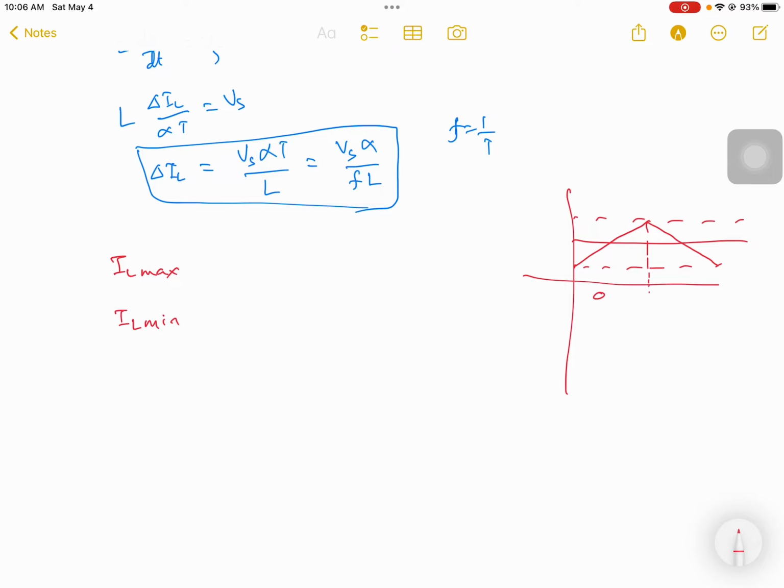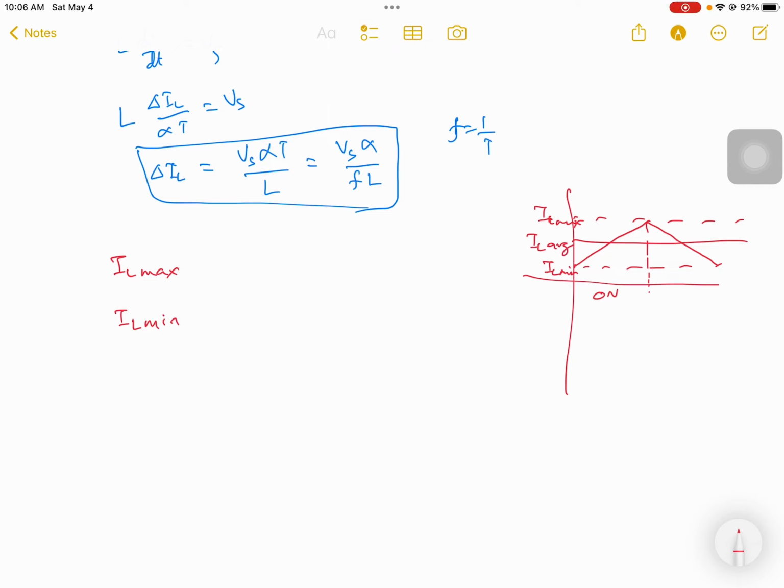When S is on, the inductor current increases, and when S is off, the charge stored in the inductor is decreasing. So it increases from IL min to IL max here, and here we have IL average.